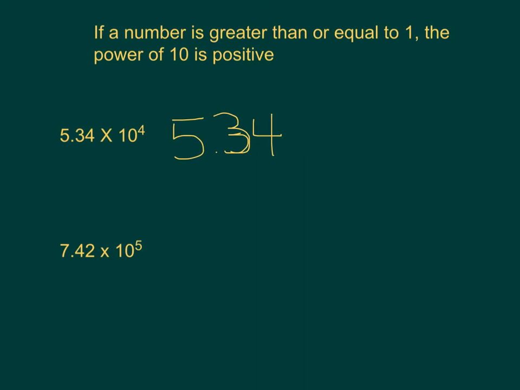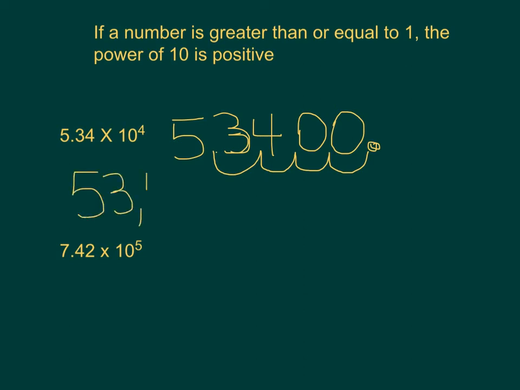We take our decimal point and we move it however many times our exponent tells us to. And since it's a bigger number, we always move to the right. So it's going to go 1, 2, 3, 4 times over. So now my decimal point's here. And you add zeros in those blank spots. So the number written out is 53,400.